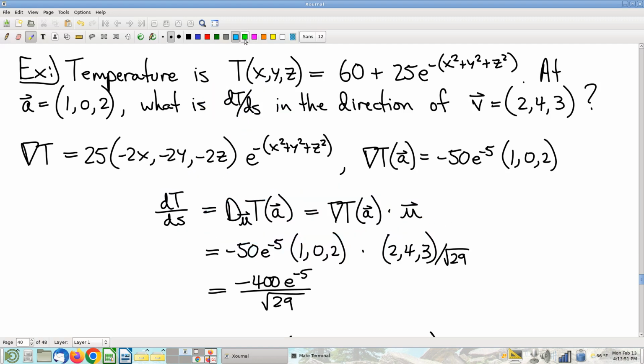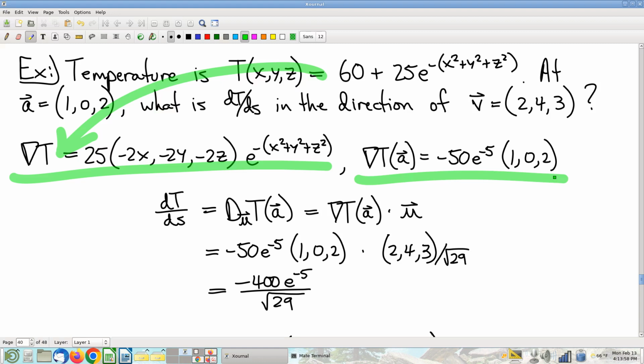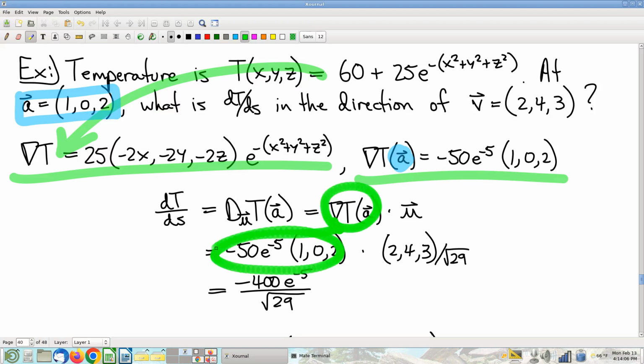Let's see, I'm going to have to take this function here, take its gradient, and plug in the point in question. Don't forget, we're interested in what's happening at a given particular point, A. And the gradient then... went too fast. The gradient turns into that. Again, be careful about the vector.